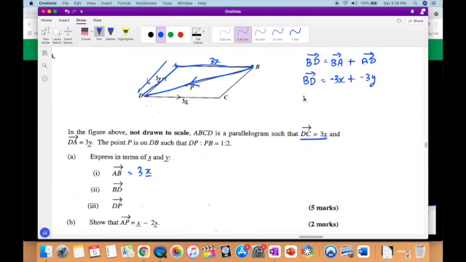So therefore BD is negative 3x minus 3y. Or if I want, I could even say 3 into x minus y, but I'm not going to do that. Okay? Negative 3x minus 3y.